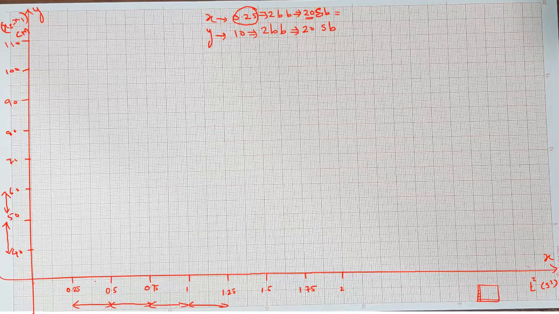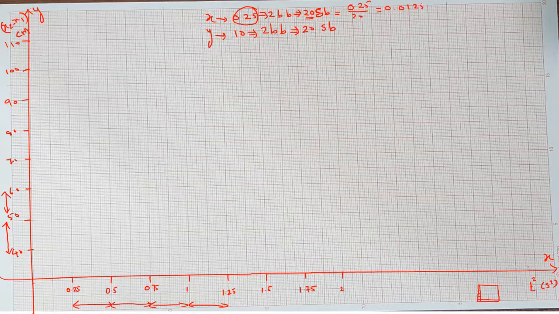Suppose if you take 3 boxes, then you have to divide the interval by 30. In this graph, we take 20 boxes, and my interval is 0.25. So 0.25 divided by the number of boxes, 20, is equal to 0.0125. So this is the value of one small box in the x-axis.